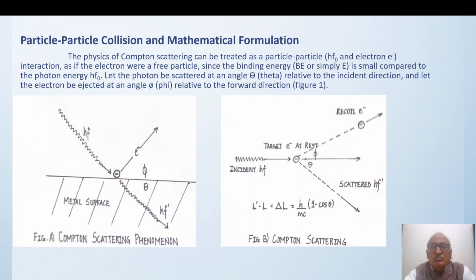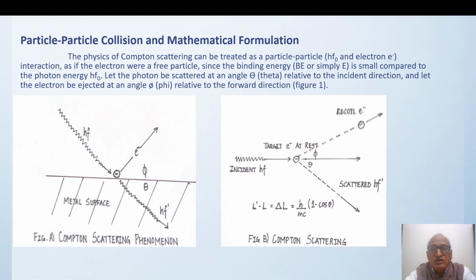The next diagram is very much similar to the first one. Just for clarity, I have shown two diagrams. There is not much difference between the two. The only thing is the formula is written below the diagram. L prime is the wavelength after scattering. L is initial wavelength.